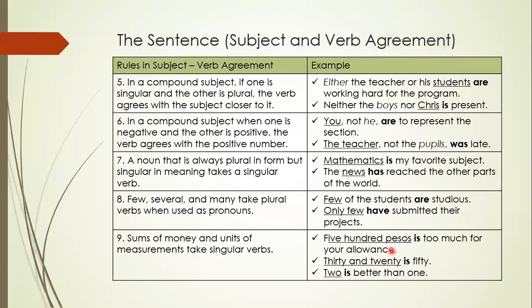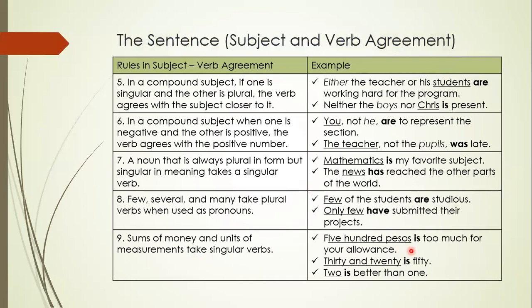500 pesos is, okay, no matter what the value or how much the money is, you really need to have a singular verb all the time. You can say 1,000 pesos or 2,000 pesos, but you need to use is all the time. In this case we have 500 pesos, so the verb is.